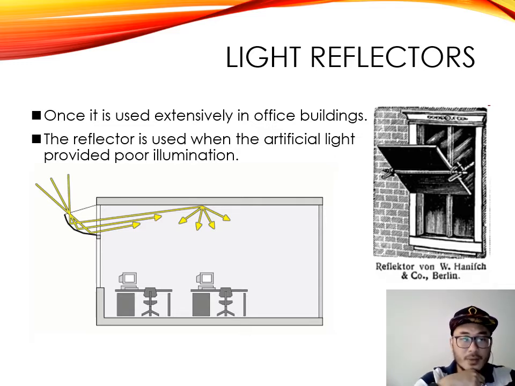The ceiling surface is usually a bright colored material, and most of the time it is flat, so whenever the light hits the ceiling material, it will scatter in any direction so that the illumination of the office room becomes a lot brighter.